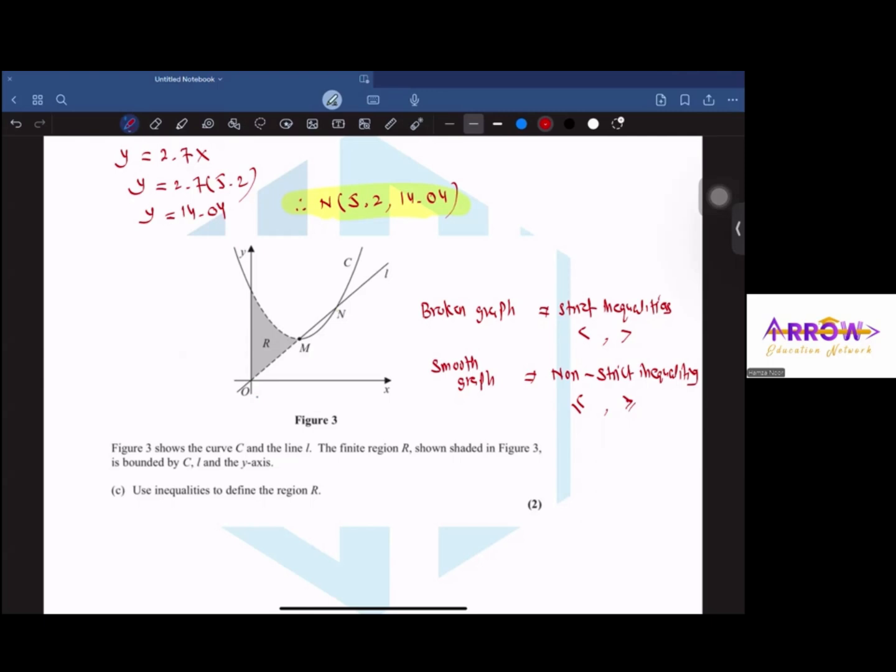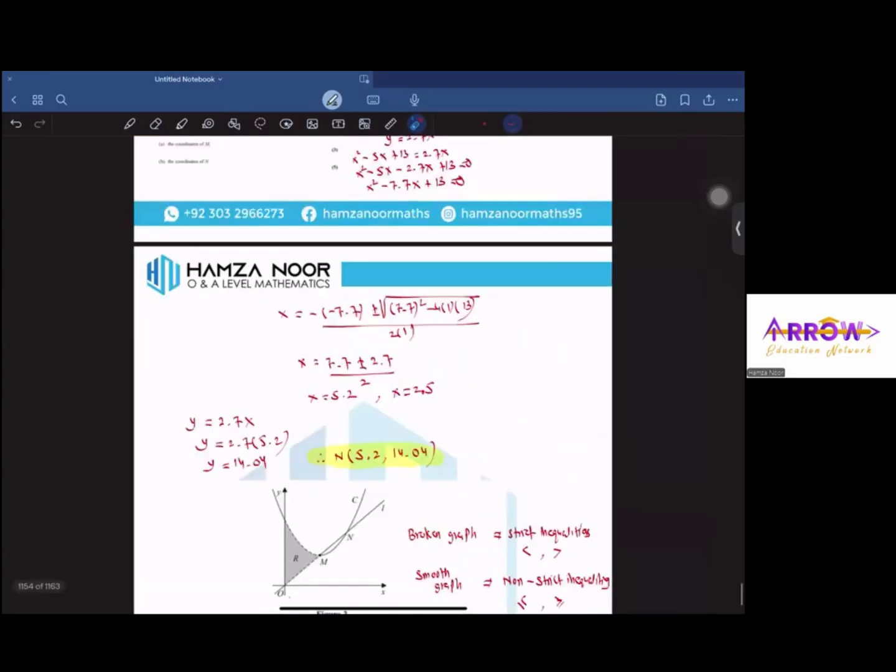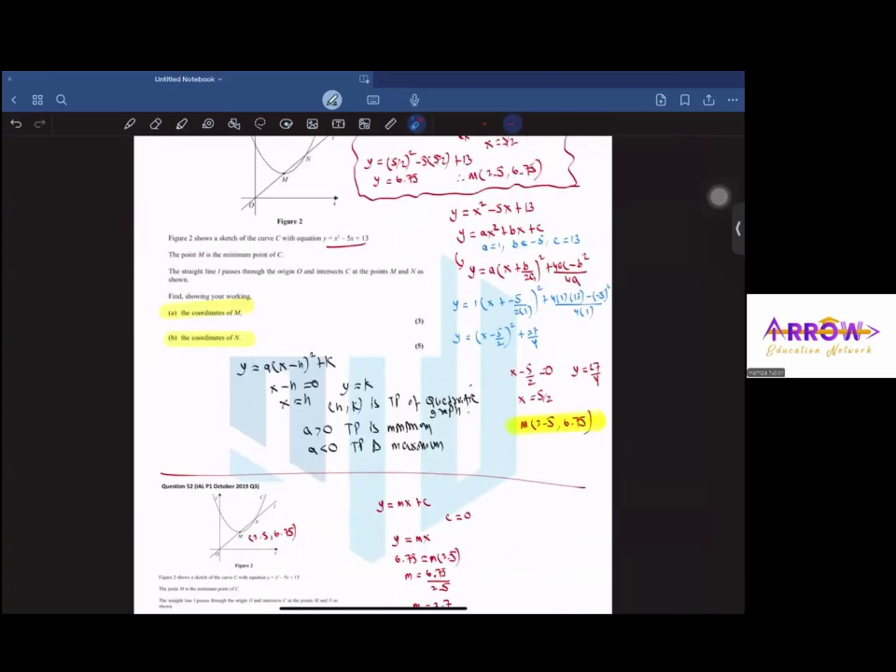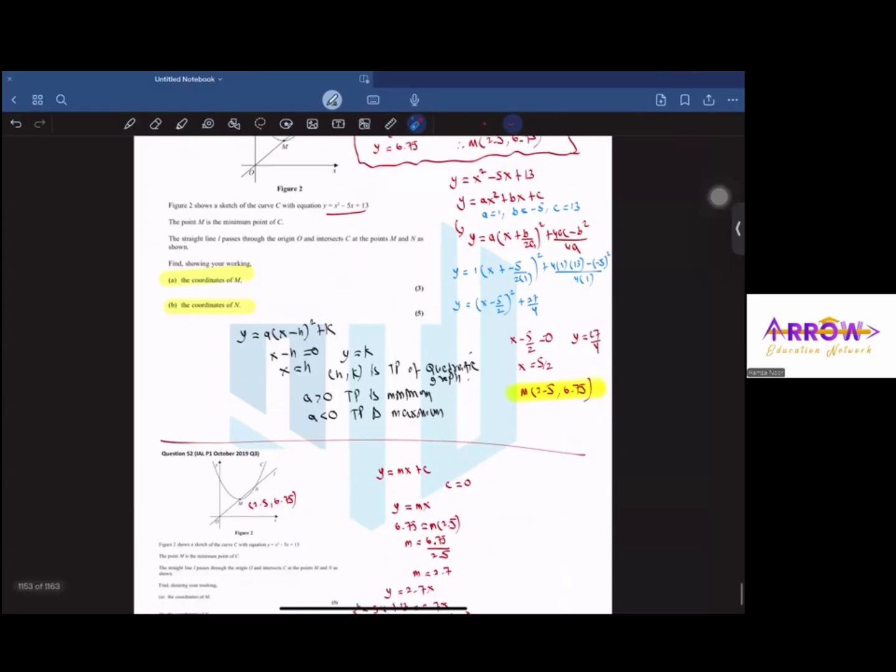All right. So what we can do over here is that, as we know, this region R is basically below the curve. Either you can use the completing square form or you can use the expanded form. But since the expanded form is given to you in the question, I would say it's better to use the expanded form over here.